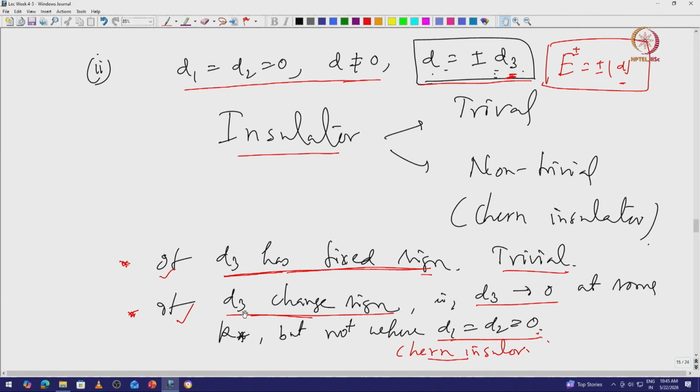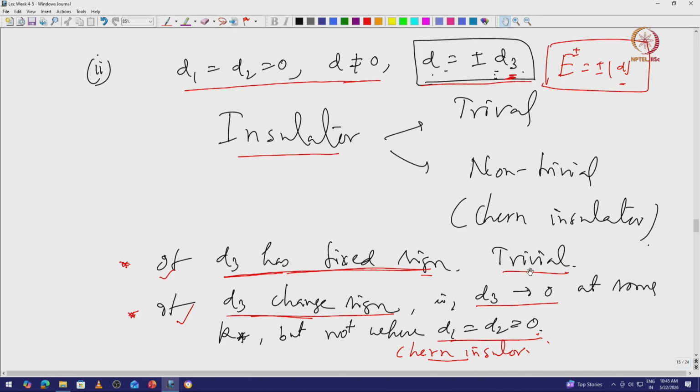And if D3 changed sign, we had a Chern insulator. If D has a fixed sign, we had a trivial insulator. That is what we studied in the last class.